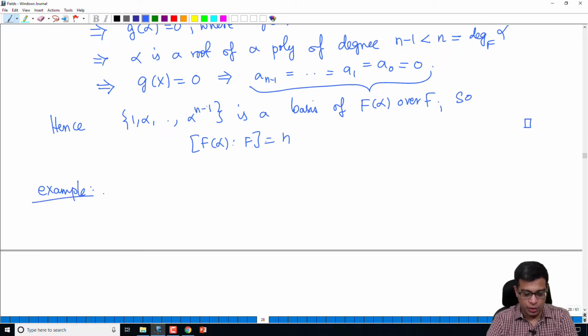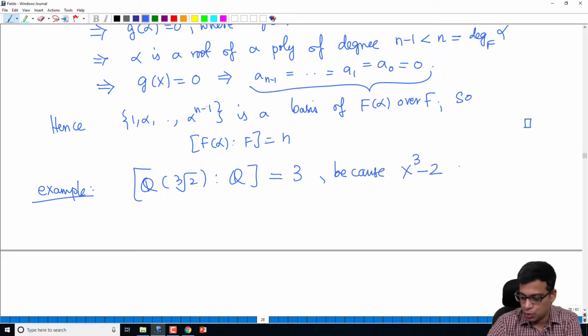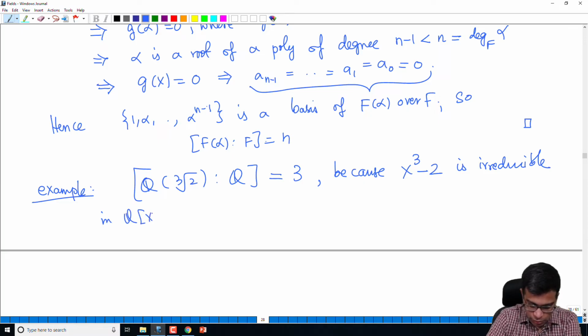Immediately let us go back to one of the examples that I wrote. I can conclude that the degree of the field extension Q adjoined cube root of 2 over Q is 3, because, I will write it like this, x cubed minus 2 is irreducible in Q[x]. We can check that this is irreducible, for example, by the Eisenstein criterion.